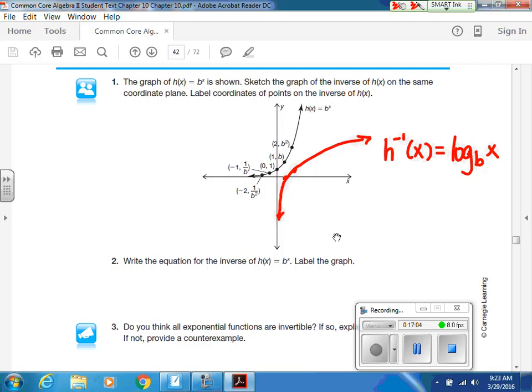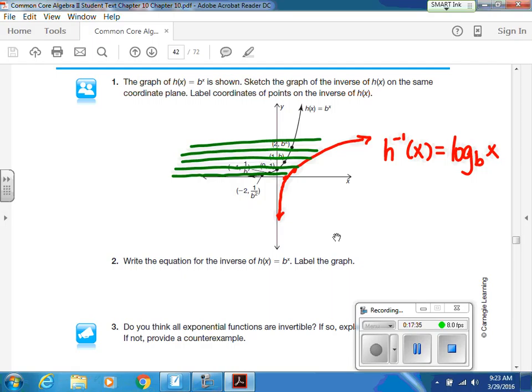So do you think all exponential functions are invertible? Do all exponential functions have an inverse? Remember, if the original function passes the horizontal line test, then it has an inverse function that'll pass the vertical line test, so it does have an inverse.